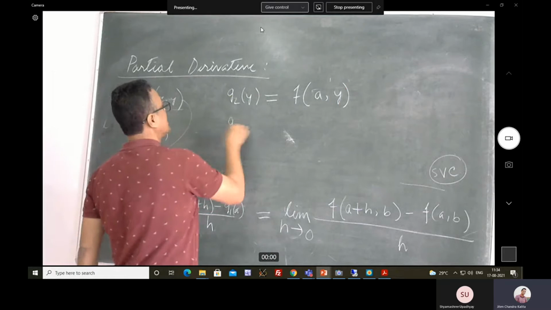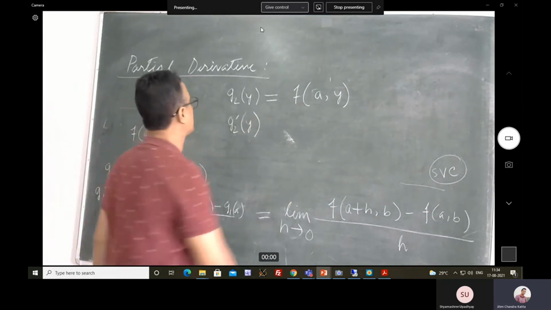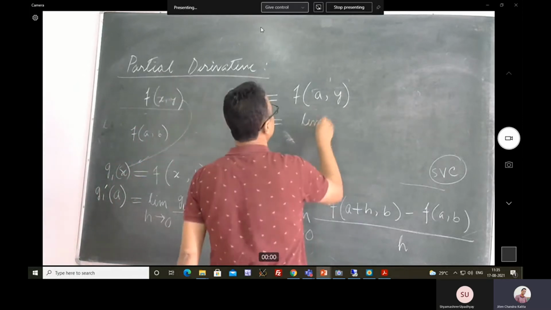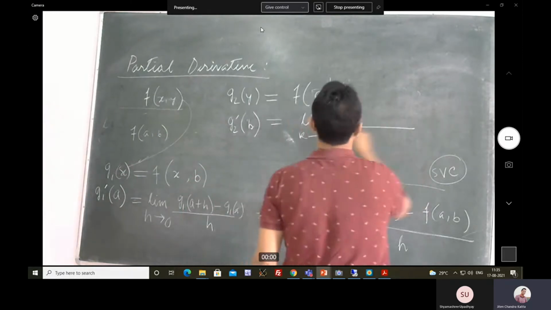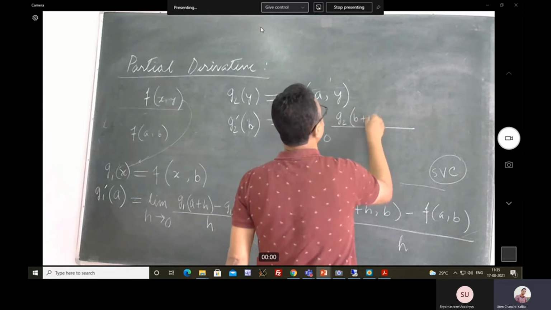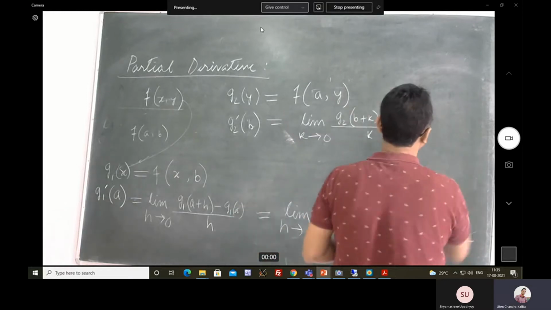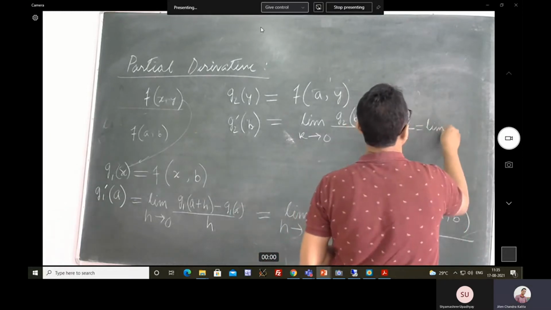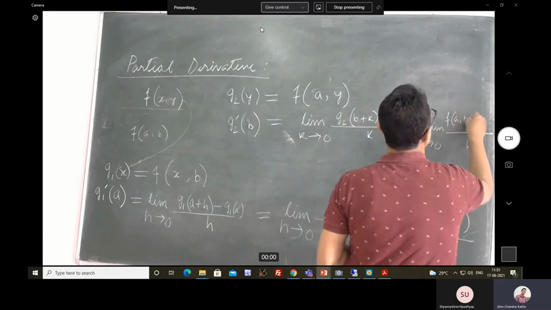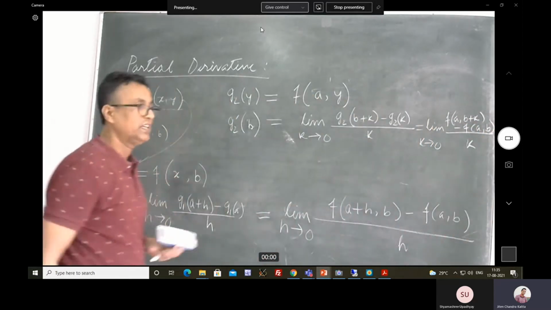So then, if I consider the ordinary derivative of g2 with respect to y at the point b, this is going to be limit k tending to 0 of (g2(b + k) - g2(b)) divided by k, and eventually, if I convert it into a function of two variables, it is going to be limit k tends to 0 of (f(a, b + k) - f(a, b)) divided by k. Fine? Okay.